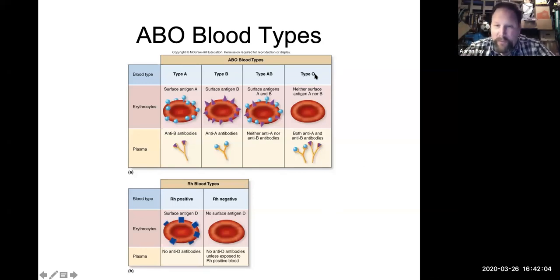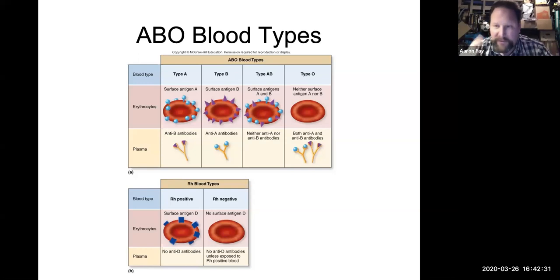So that is why type O is the universal donor, because their red blood cells do not have any markers on it. So when you take O blood cells and put them in another individual, that individual has antibodies in their blood. But even if they have both the A and B antibodies, those antibodies have nothing to bind to.